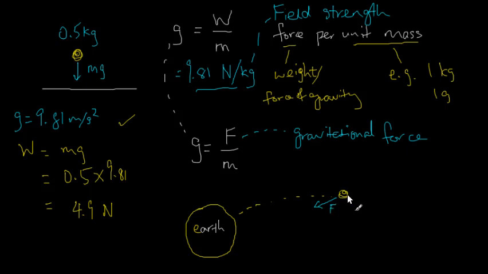But I can still think about a g when it's that far away. The meaning of g, I have to describe as the force divided by the mass at this distance, at this position. So the g here would no longer be 9.81. It must have a smaller value because the force must be so much smaller when it's further away.